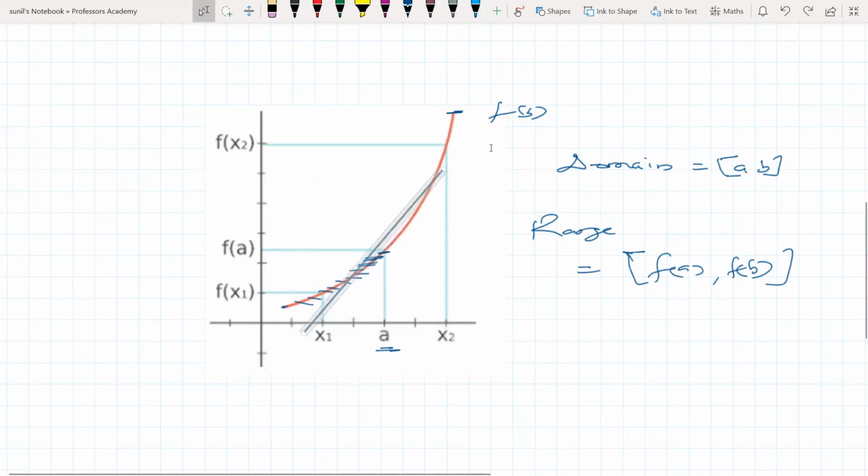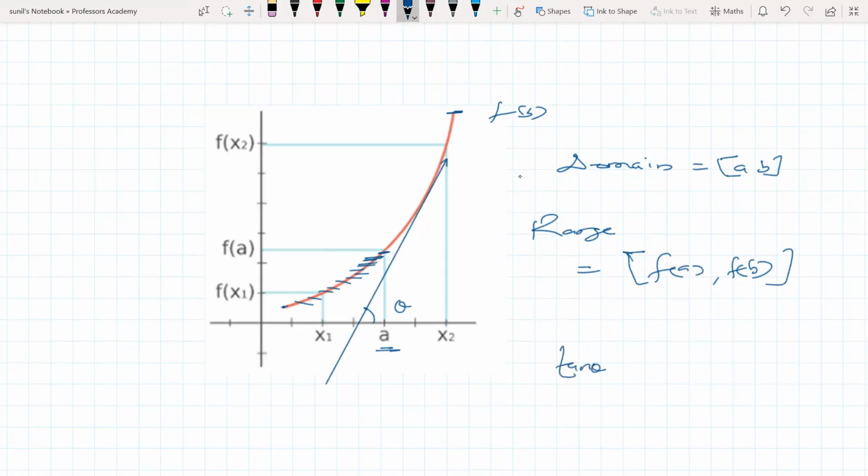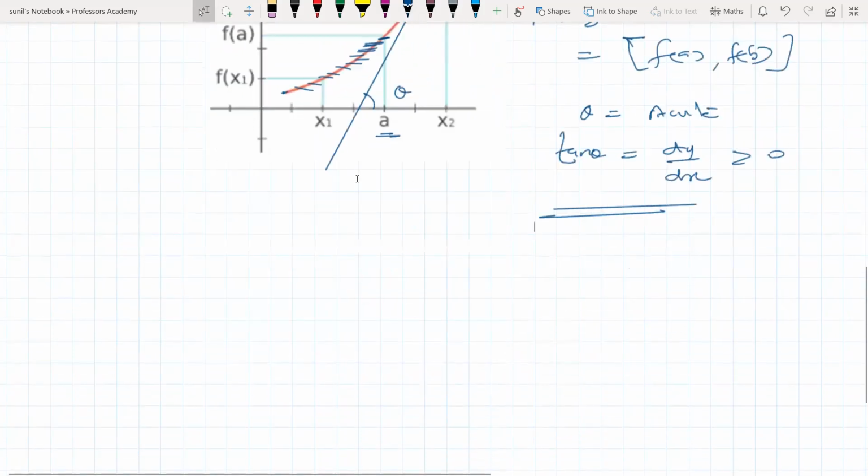Let me draw another line that touches the graph. Here you can see this angle is theta. You know that tan theta is dy by dx, and theta is acute. That is why the derivative becomes positive. This is the case of an increasing function. So for an increasing function, the derivative is positive.